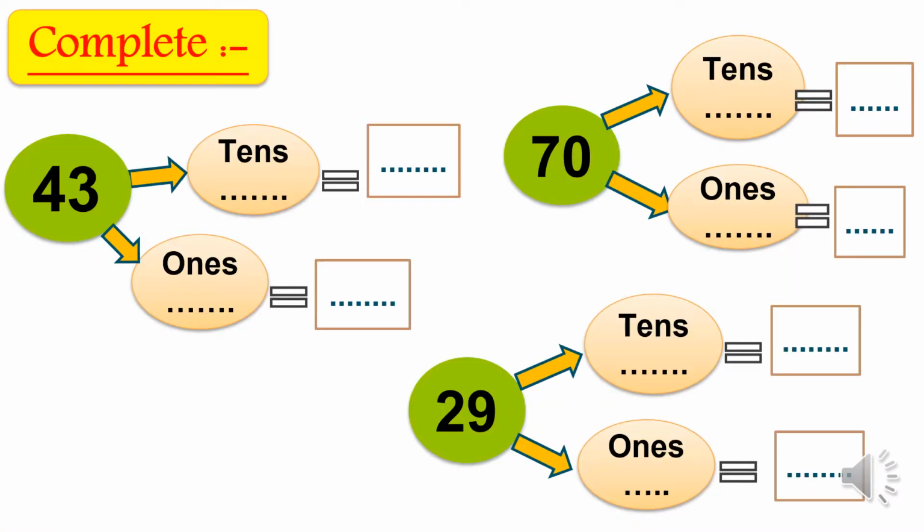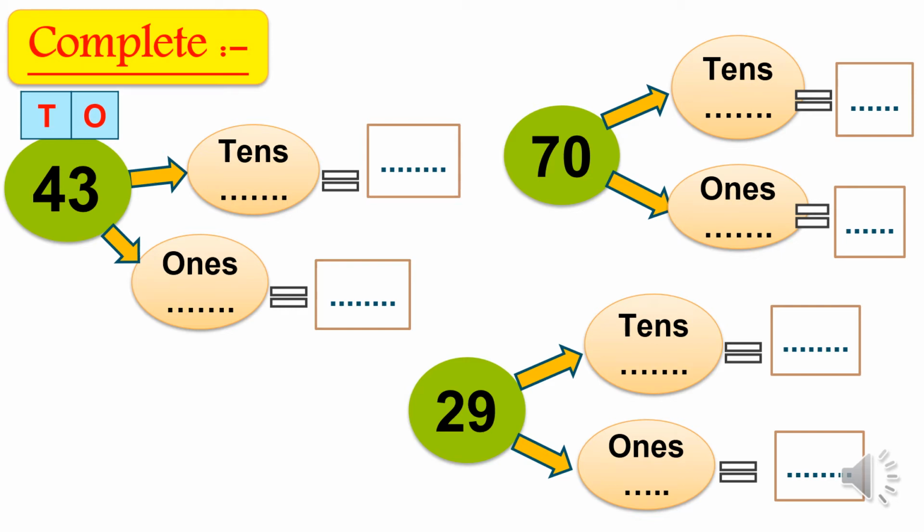Okay, let's complete here. First number we have 43. First thing we do, we put our places. Ones, tens. So 3 in ones place, 4 in tens place. Okay, it asks me here in tens.